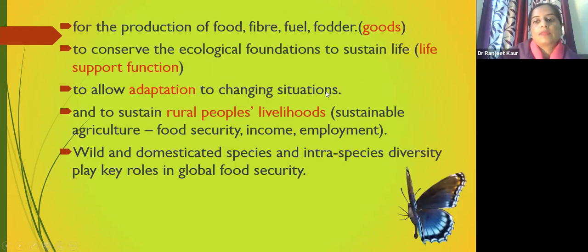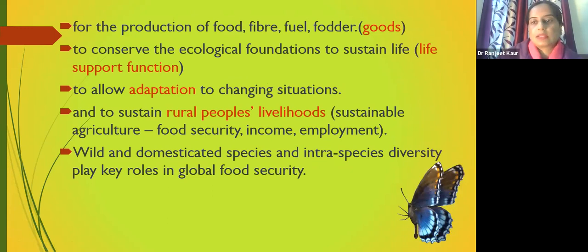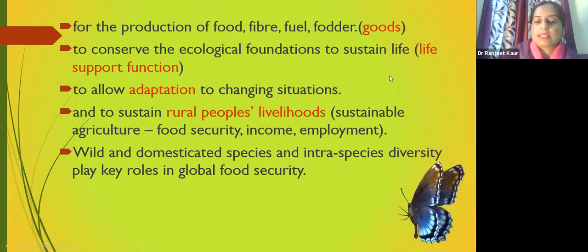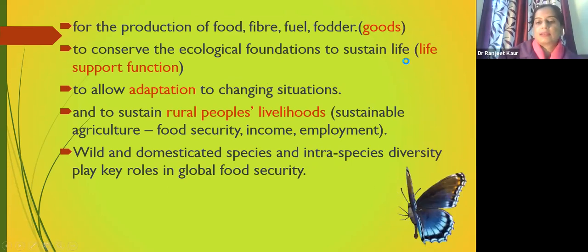For the production of goods, that is fuel, fodder, fiber, for the conservation and ecological function to sustain the life support system, to allow adaptation to changing situation, to sustain rural people's livelihood, wild and domesticated species diversity.